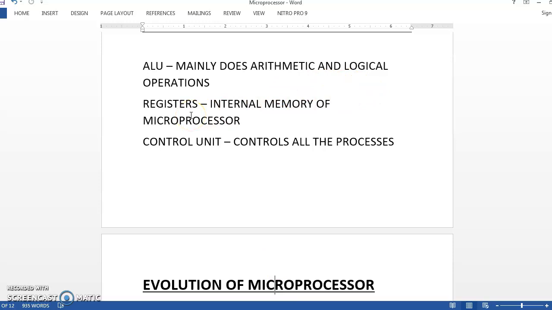Whenever you want to perform any arithmetic or logical operations, it is done in the ALU, and then the result will be stored in the registers or in the memory depending upon the instructions. The registers are nothing but the internal memory of the microprocessor, and the control unit is mainly used to control all the operations or all the processes.